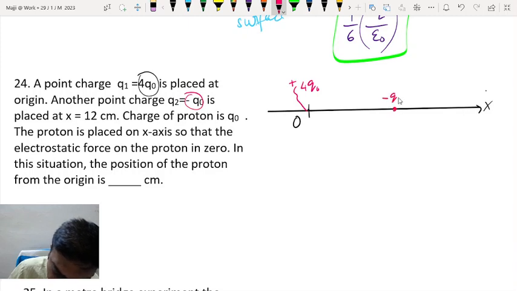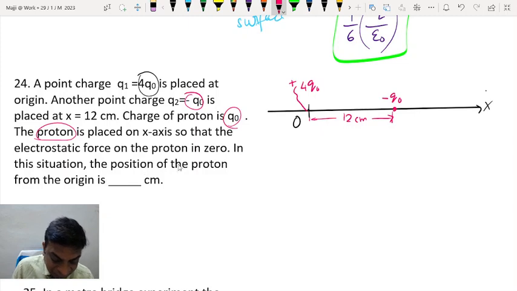So here you have minus Q naught at a distance of 12 cm on the x-axis. So we have to find the position of a third charge, a proton of charge Q naught, so that the force on the proton is 0.